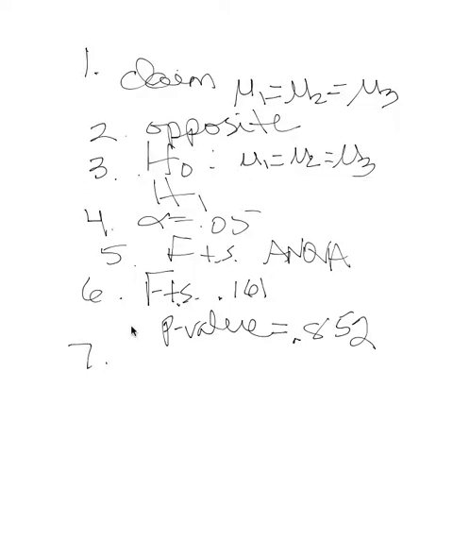Step 7, we will compare. We have that the p-value is greater than alpha. Now in this case, I'm finished there. I don't need to calculate my critical value unless I'm asked to.